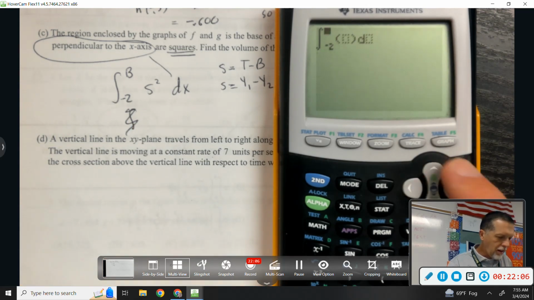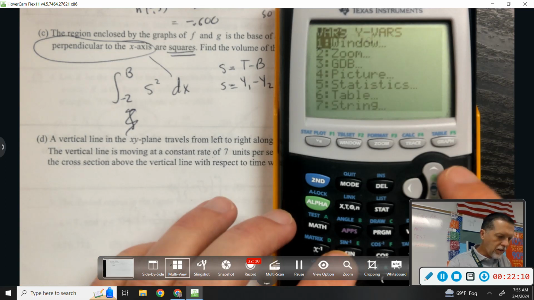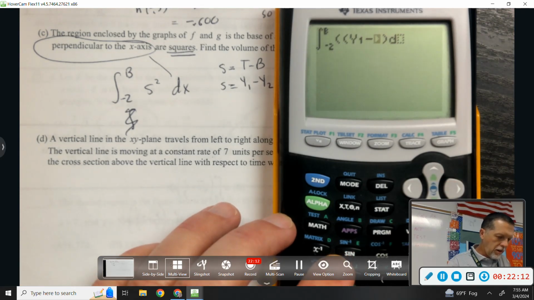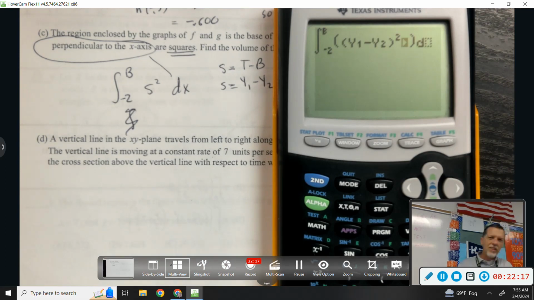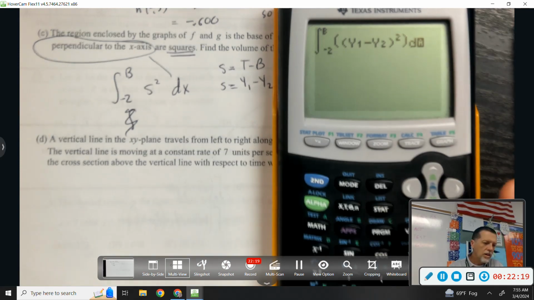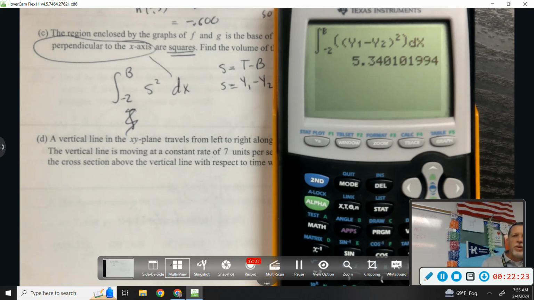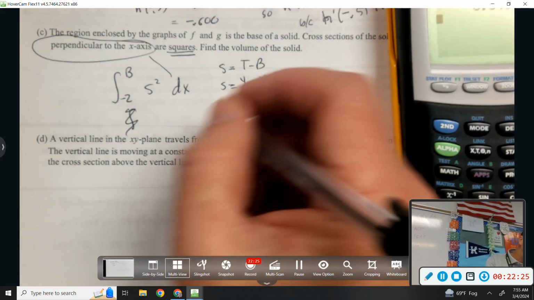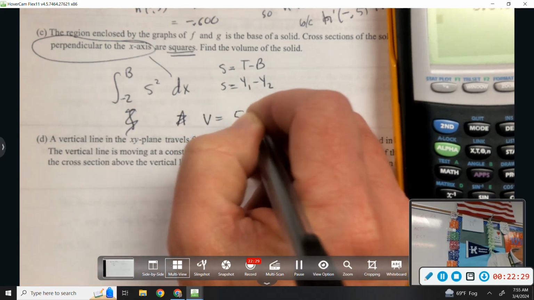Math 9, negative 2 to b, parentheses, y1 minus y2 squared, because that's the S squared, dx, 5.340. Whoops, volume equals 5.340.